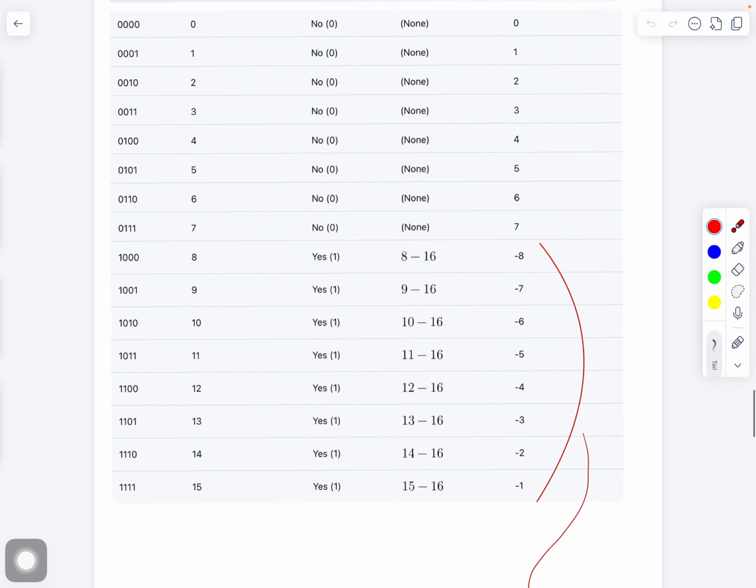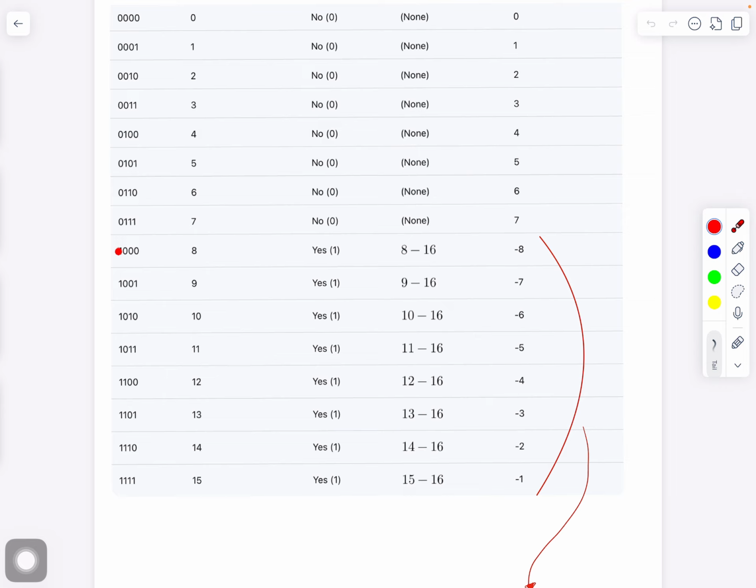The problem starts when the most significant bit is 1. Python will look at these numbers and think it's 8, 9, 10, 11, 12, 13, 14, 15. But we know that when it's 8, it's actually not +8, it's -8. So the number goes to -8, and then it starts going back: -7, -6, -5, -4, -3, -2, -1.